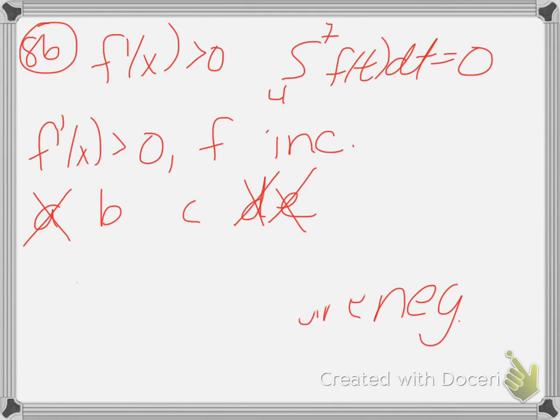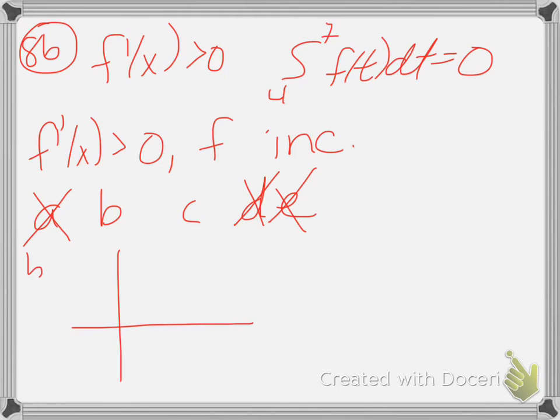Okay, so anyhow, we're back to choices B and C. So for me, I thought the easiest way to deal with this was to graph it. And so for B, you're going to have a point here, here, and here. So your picture is going to look something like this.